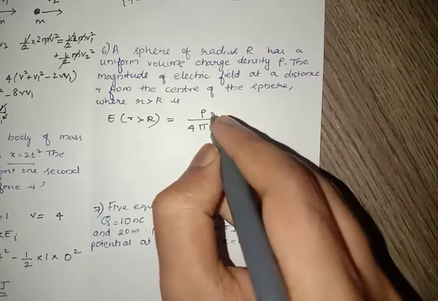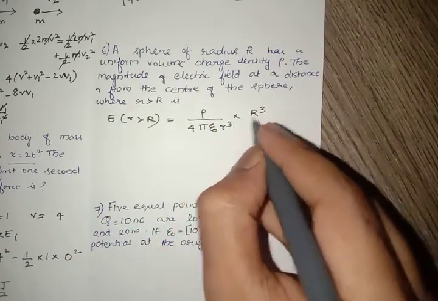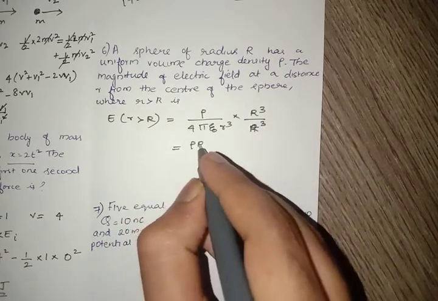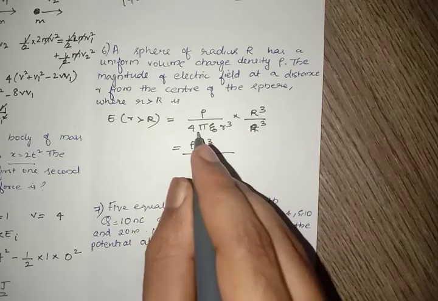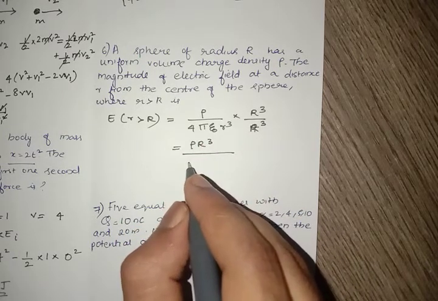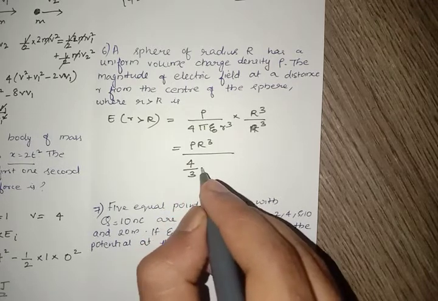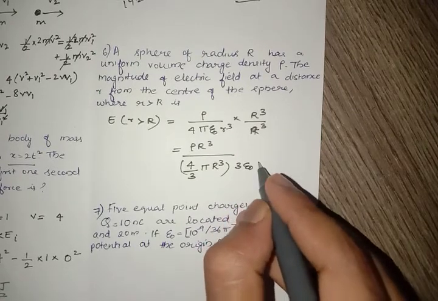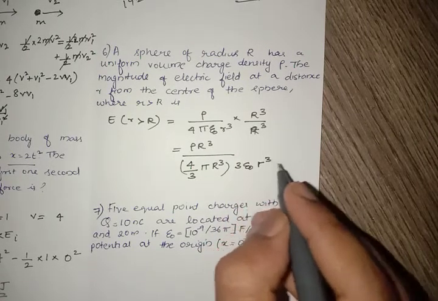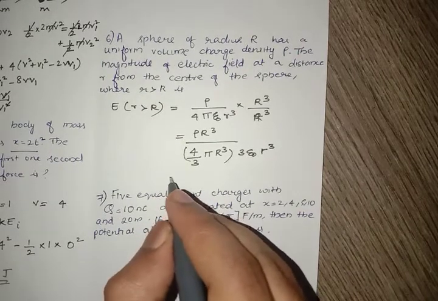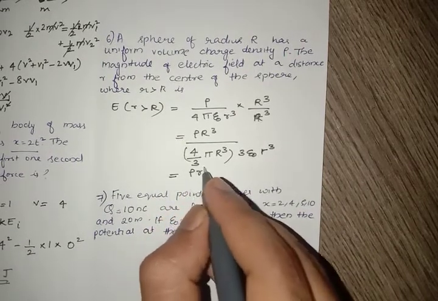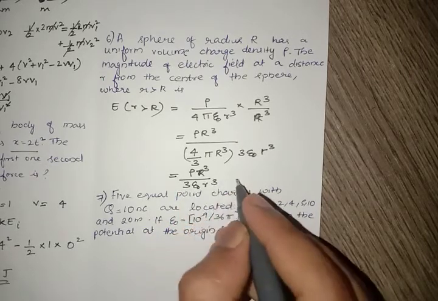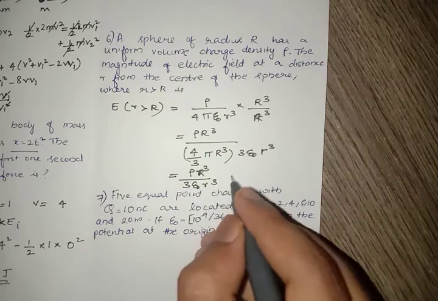Now if we multiply and divide by R cube, and multiply and divide by 4 by 3, we get rho R cube by 3 epsilon naught r cube. So this is the answer.